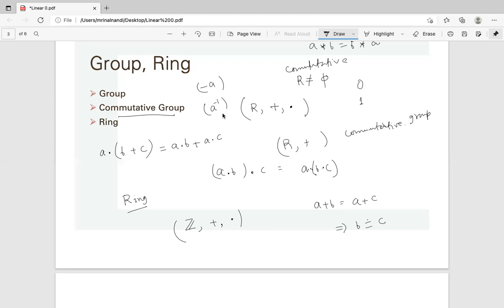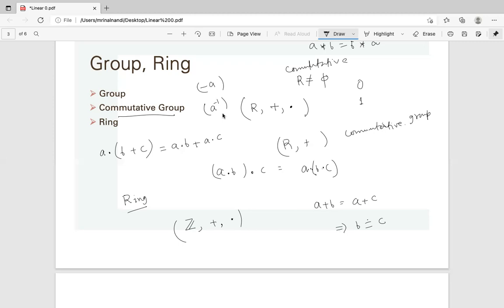In usual operation, 2 to the power minus 1 is just minus 2. So Z is a group under addition. If there is only the operation addition, then we can say the inverse of 2 is 2 to the minus 1. In that case, 2 to the minus 1 is not half, 2 to the minus 1 is minus 2.